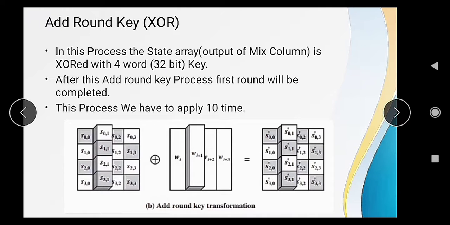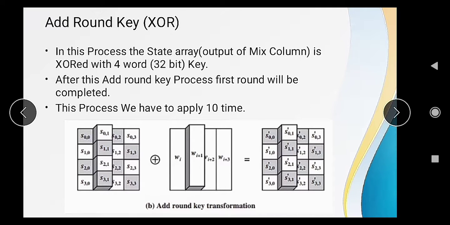Now this is the add round key again, where we will apply the next key, that will be K1. Or we can say that we'll use the next 4 sub keys. Okay, so in the previous round we used W0 to W3 sub keys. So at this stage we'll use W4 to W7 sub keys.